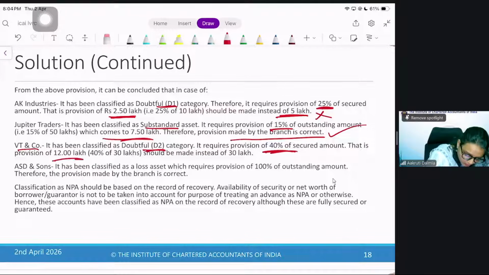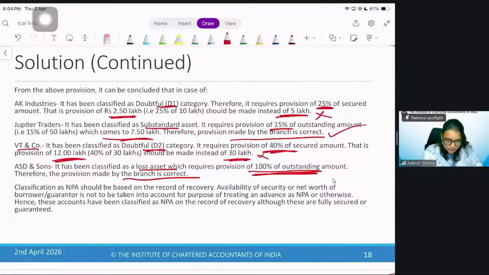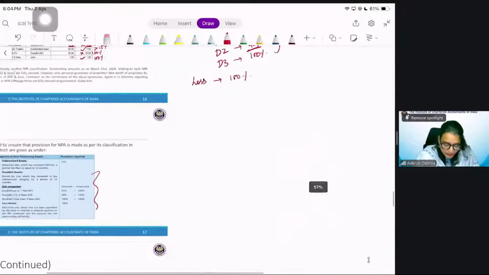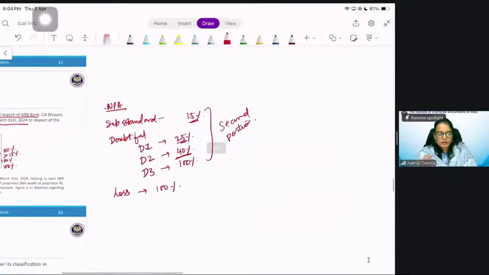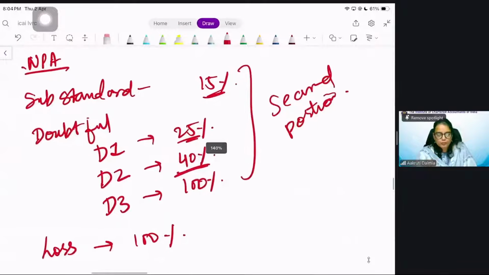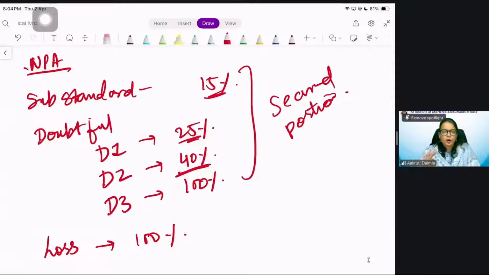So provision should be 12 lakh, but they have made 30 lakhs. So again, it is wrong. AST has been classified as loss asset, which means 100% should be there. So provision is correct. Everyone clear? Any doubt in this? याद रखना है, क्या याद रखना है? Substandard asset 15%, doubtful D1 25, D2 40, D3 100%, loss asset 100%. Okay.